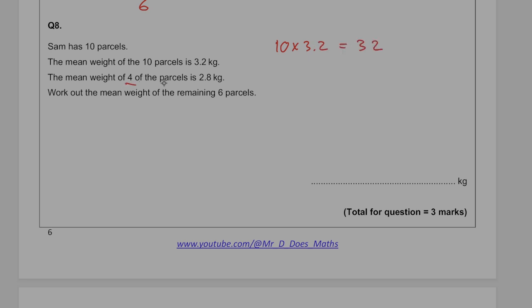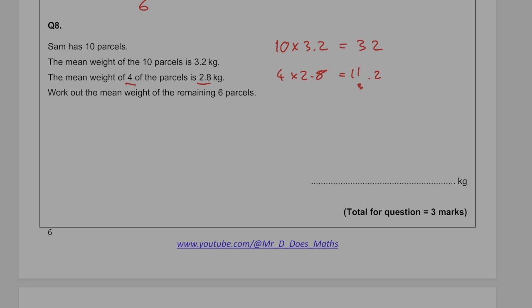I'm also going to do 4 lots of 2.8, so 4 times by 2.8, which is going to give me 4 times 8, 32, and 4 times 2 gives 8, so that would give me 11.2.